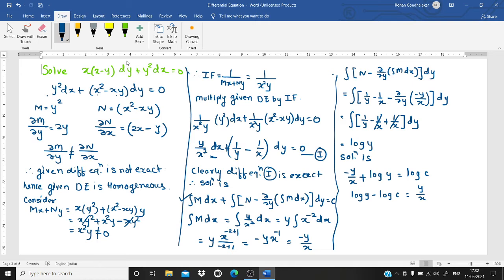So log y minus log c can be given as log of y upon c is equal to y upon x. Now we can shift the logarithm to the right side. We get y upon c is equal to e raised to y upon x. So hence y is equal to c into e raised to y upon x is our final solution.